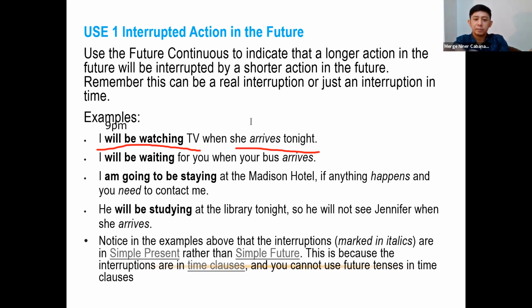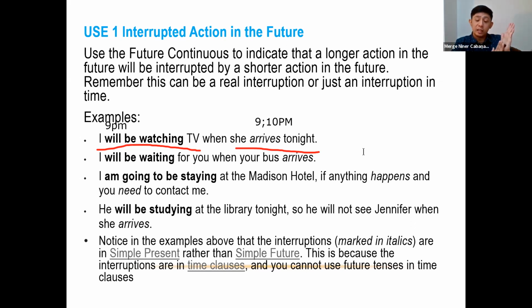Let's say 9:10. So am I anticipating that I will be watching TV later when she arrives? Yes, I will be finishing my watching TV activity and then she will arrive tonight. So sir, why do I do that? Because this is always happening. This has been going on for many times.